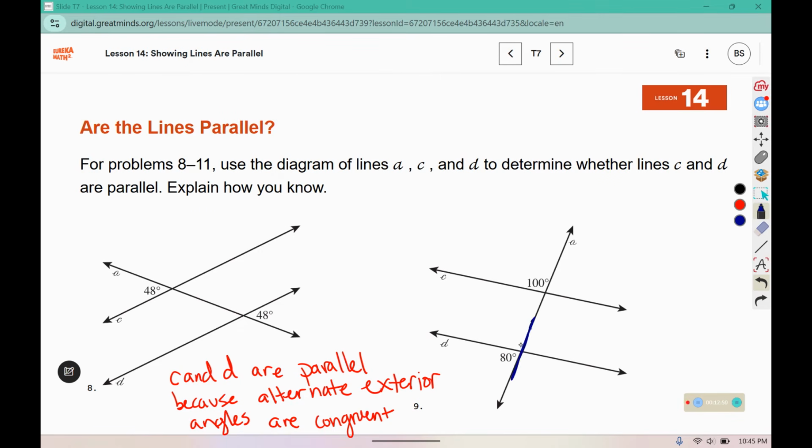Here, this is a straight line. So this one, if we were going to make 180, has to be 100. And then these two are corresponding.